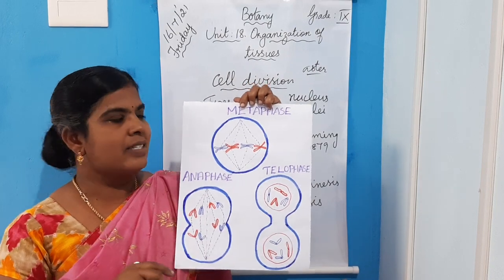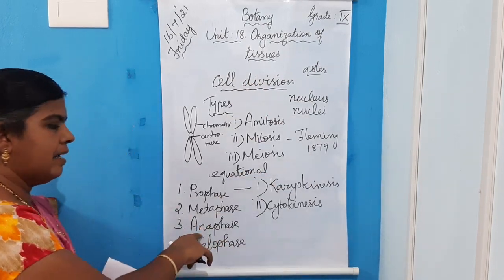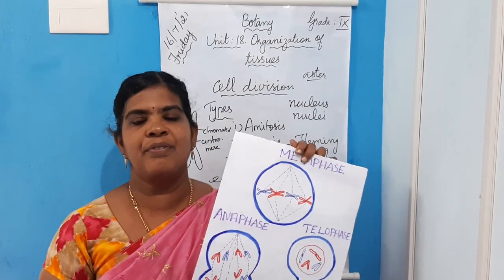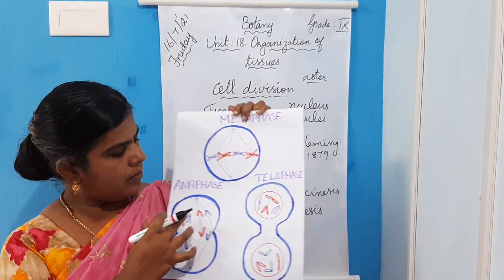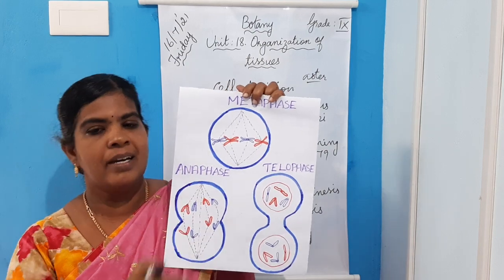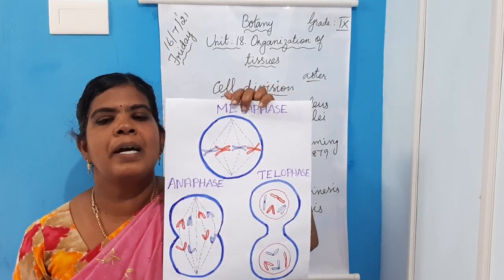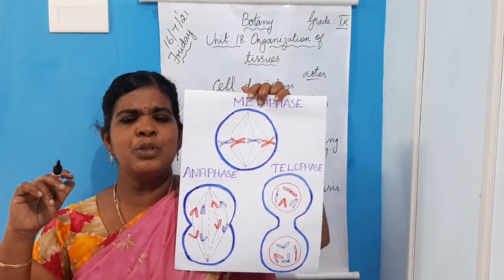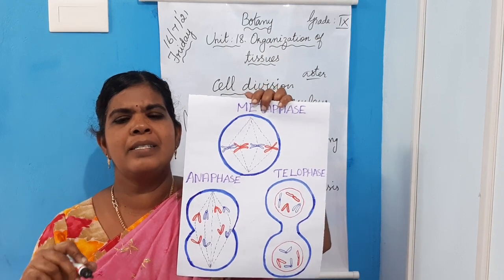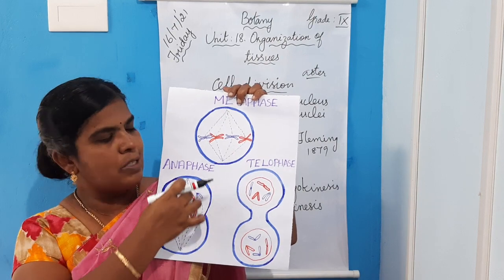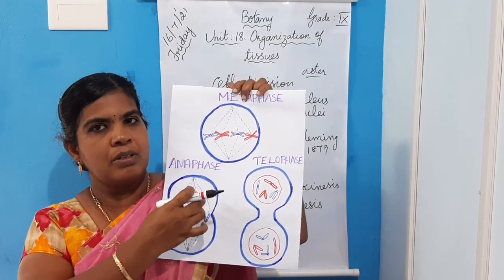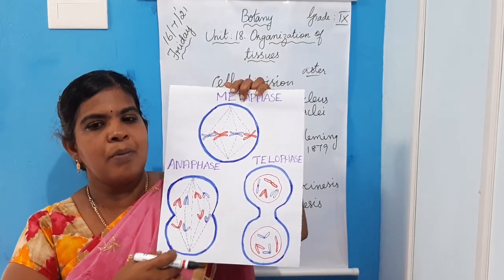Okay, what is the next phase? It is anaphase. Ana means back. In anaphase, the centromere attaching the two chromatids divides, and the two daughter chromatids, the chromosomes, start to move towards the opposite poles.